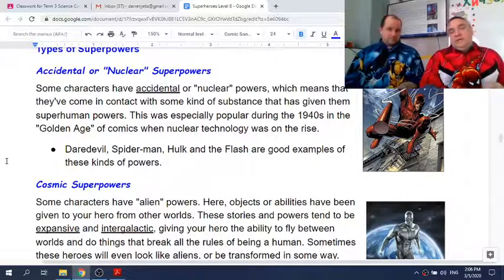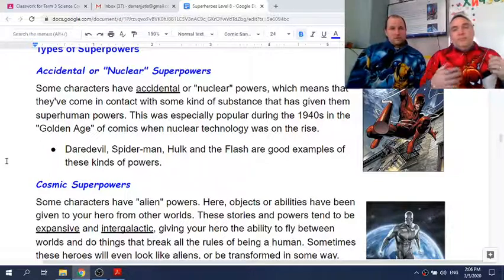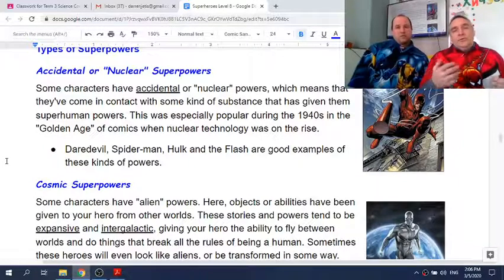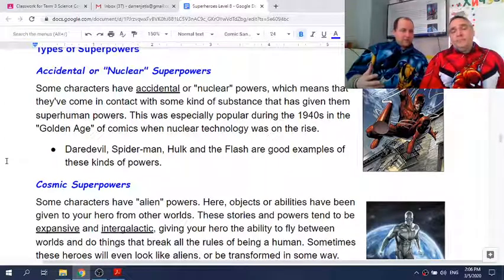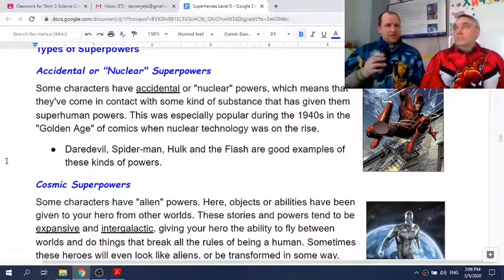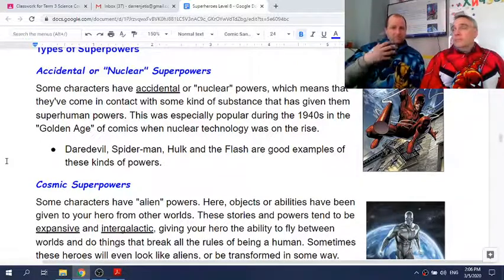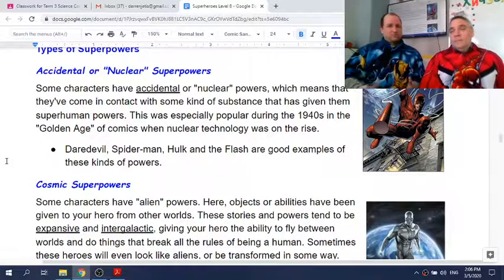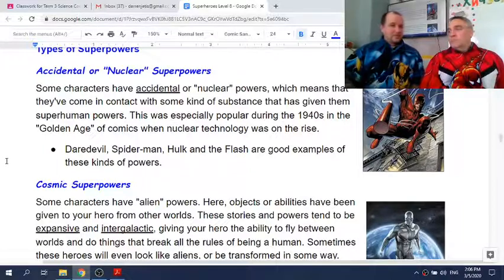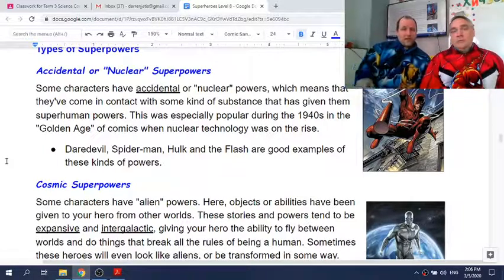He wants to try to increase, use radiation. What was it, gamma radiation. Gamma radiation to create what accidentally became the Hulk. Right, and Daredevil, it was a vat of toxic chemicals that got into his body and caused him to become Daredevil. And with Flash, it was also an experiment using a type of power radiation that created the Flash.